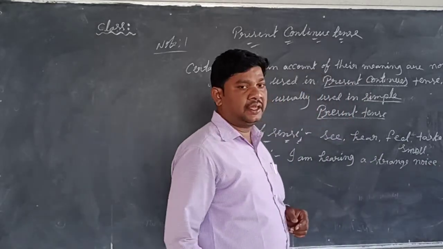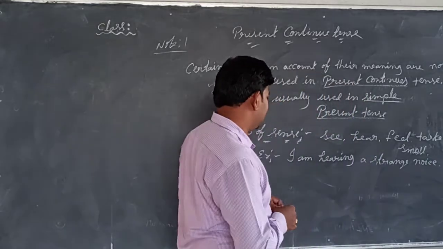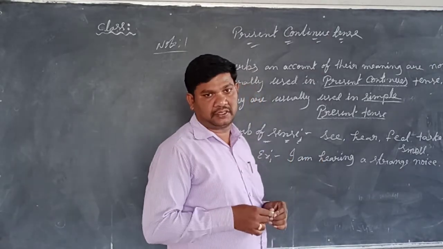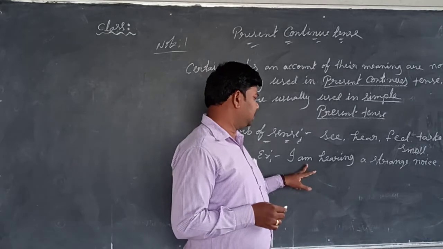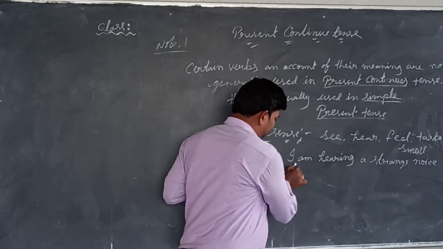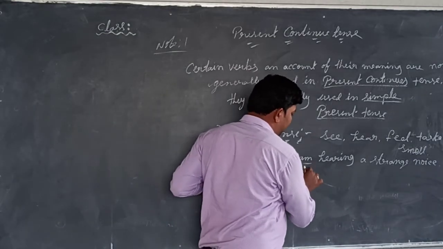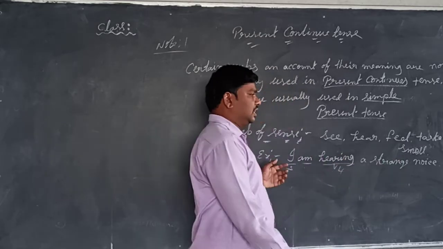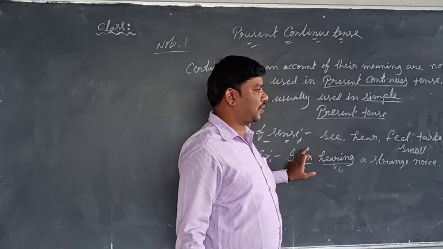I am hearing a strange noise. So this sentence is in present continuous tense. Students, understand? Why? Because here the subject is there, the helping verb am is there, and V4 is also there, along with the remaining part. That's why we said this is present continuous.